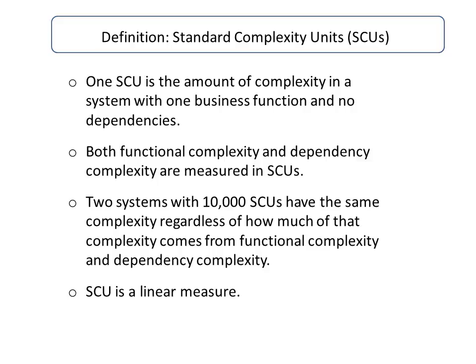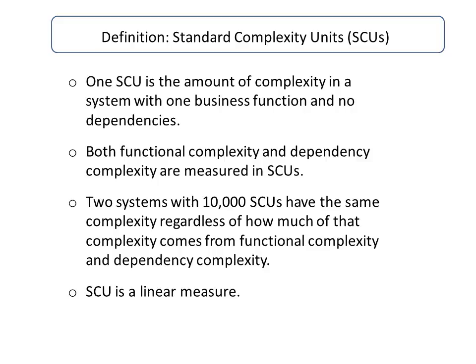Another point I'll make about SCUs is that it's a linear measure. So if you have one system that has 10,000 SCUs and another system that has 20,000 SCUs, the system with 20,000 SCUs is twice as complex as the system with 10,000 SCUs. Now, don't confuse the exponential relationship between the number of functions and the number of SCUs with the relationship between SCUs themselves.